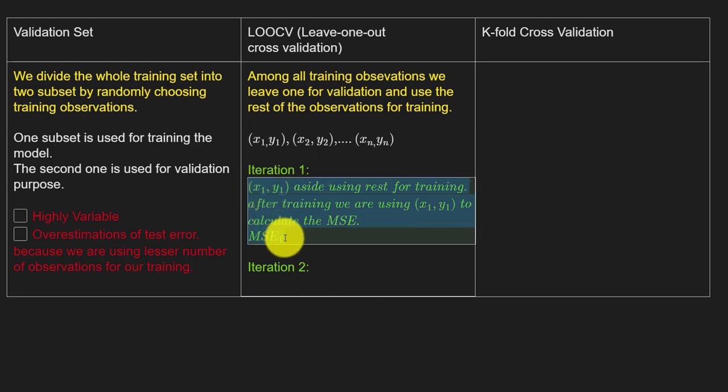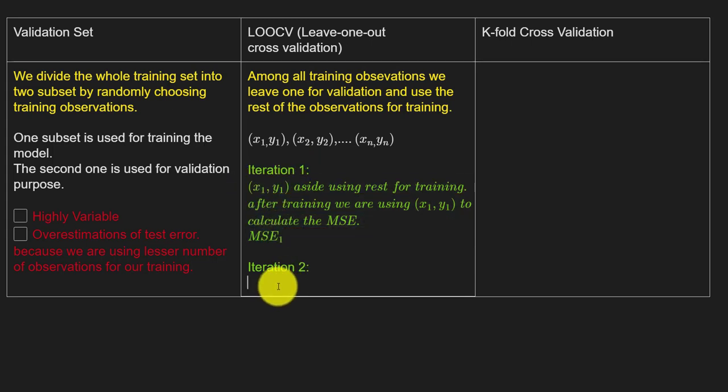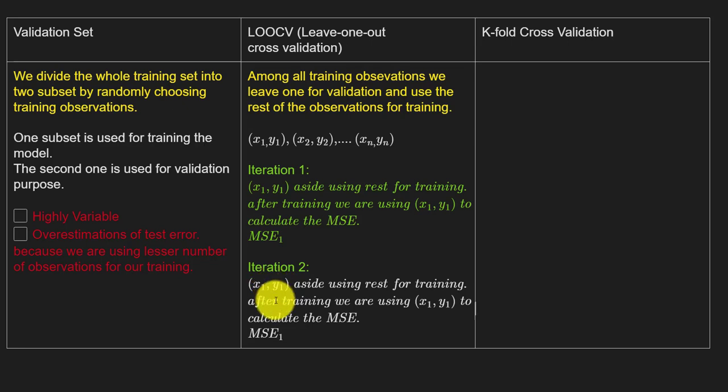So I'll just copy this over here. This time we'll be using x2 comma y2. We are keeping it aside and using the rest for training, and after training we are using our x2 and y2 to calculate the MSE value. Let's say this time our MSE comes out as MSE 2.